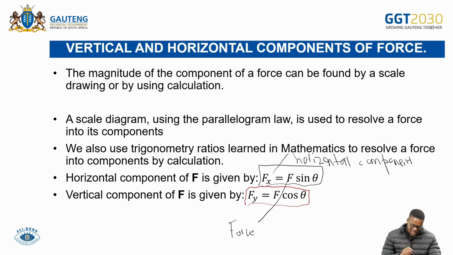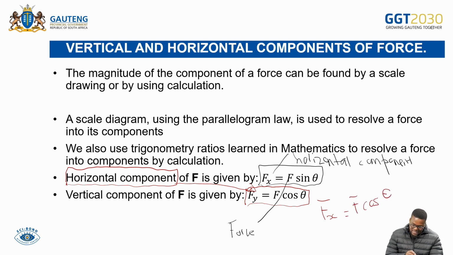So there's a few mistakes here. Let's just correct that mistake. If you are calculating the horizontal component, you have to use this one. So it's Fx is equal to F cos theta, right? So for horizontal component, please correct that one. It's Fx is equal to F cos theta.